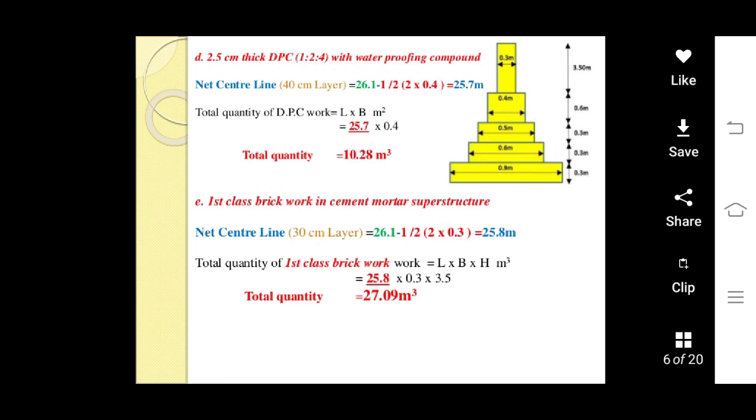Therefore, net centerline length for superstructure is equal to 25.8. The total quantity of first class brickwork is equal to length into breadth into height, that is 25.8 into 0.3 into 3.5, the floor to floor height of walls. The total quantity of brickwork in a superstructure is equal to 27.09 meter cubes.